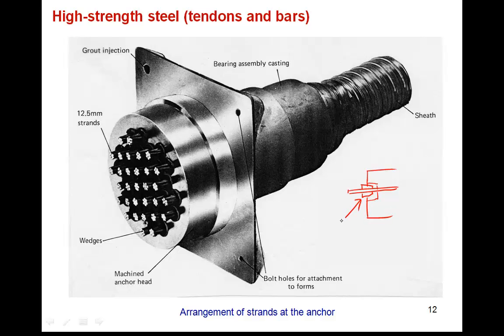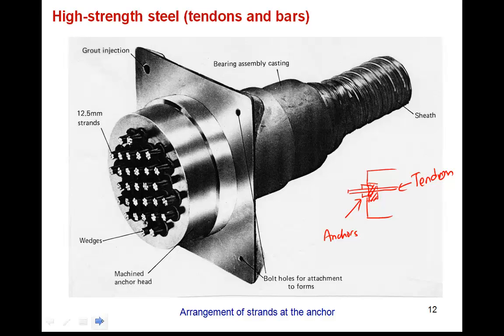So these are the anchors, and this is the tendon, and after releasing the pre-stressing force, these wedges will lock in here, giving the anchorage to the pre-stressing wire.